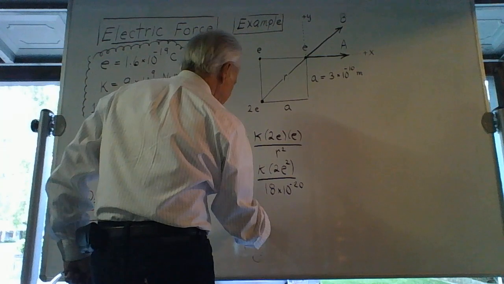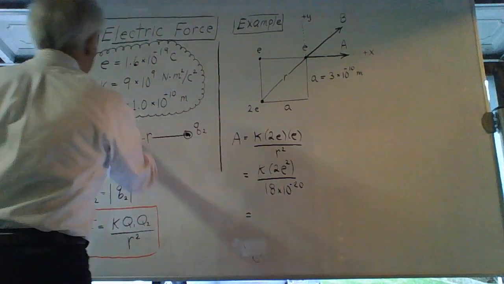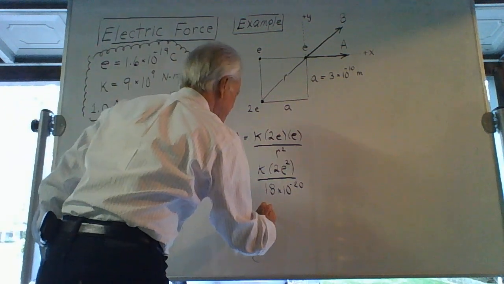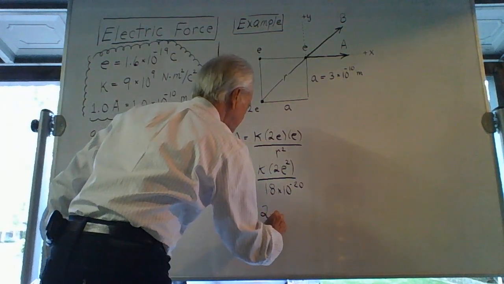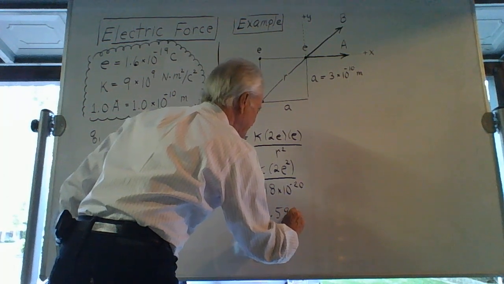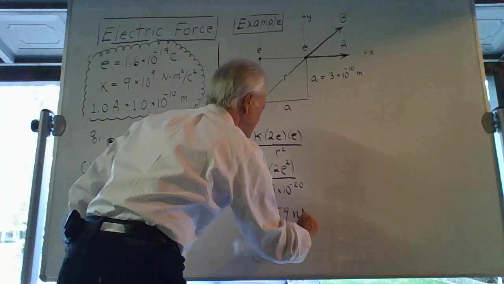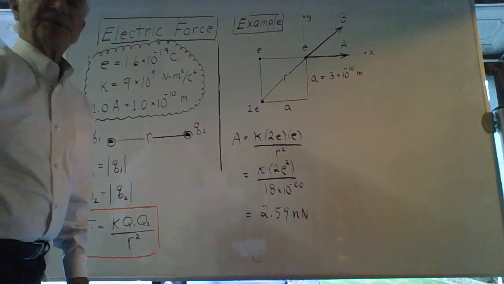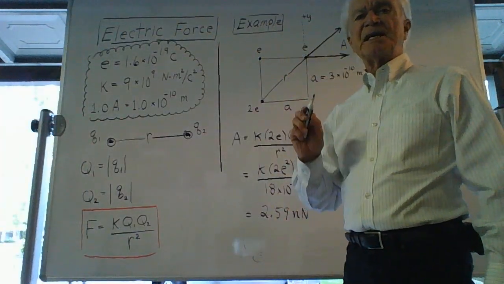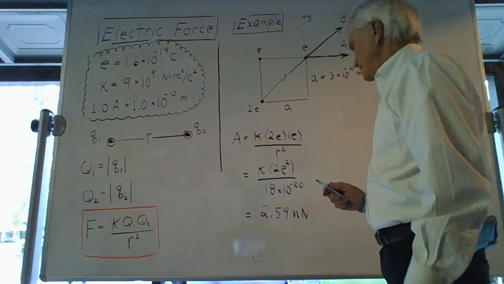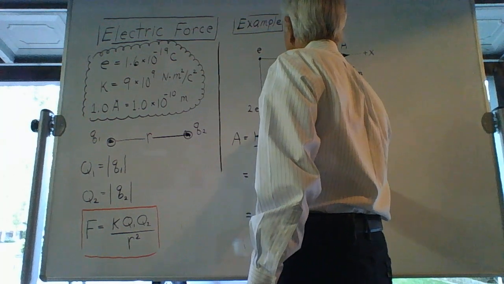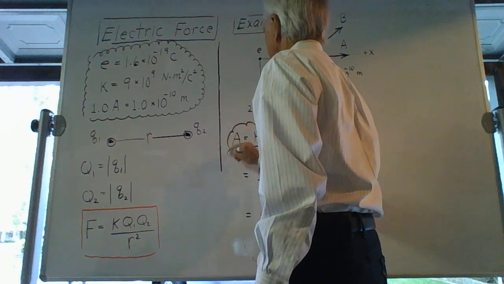When one substitutes in the values of k and e here, this is what you get after you convert the answer into nanonewtons. A nanonewton is a billionth of a newton, 10 to the negative 9 of a newton. Well, that takes care of the magnitude or length of the A vector.